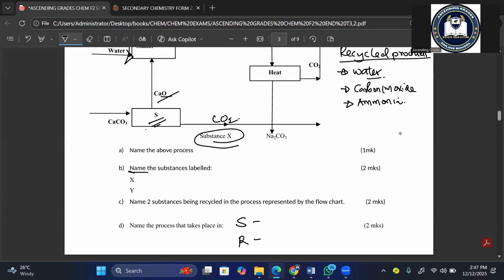So that process of heating is called thermal decomposition.